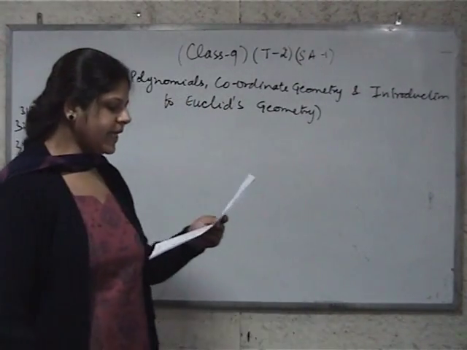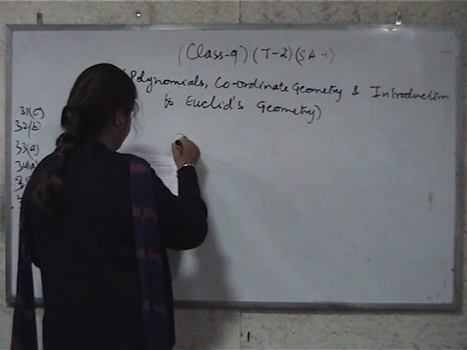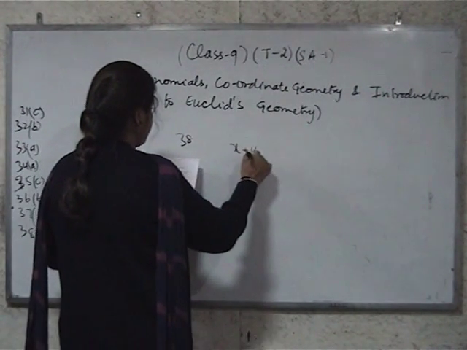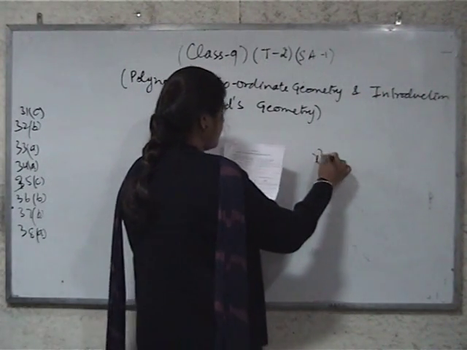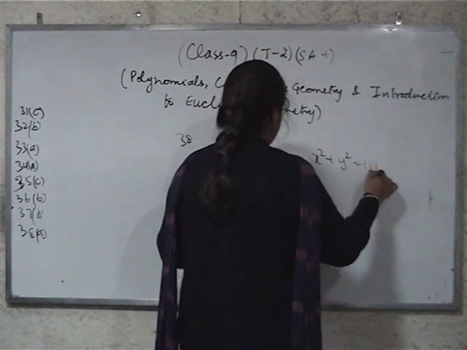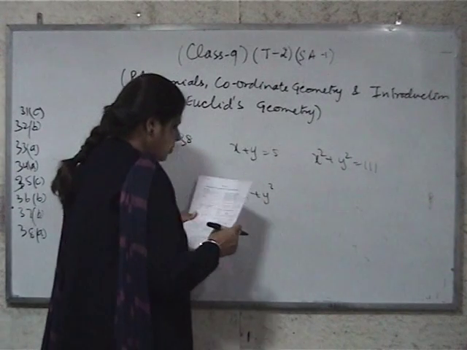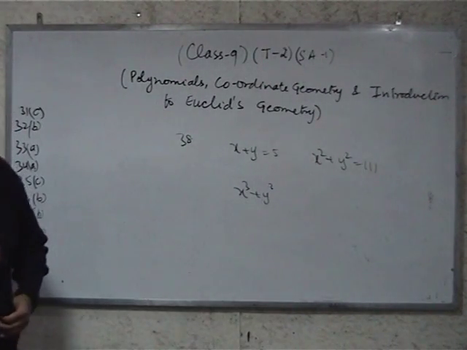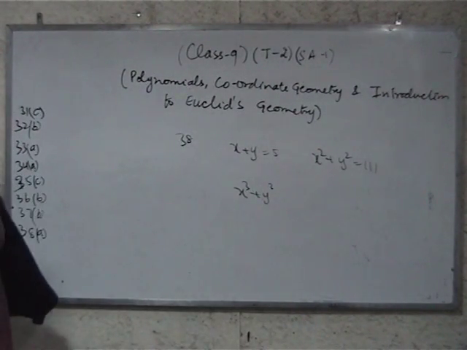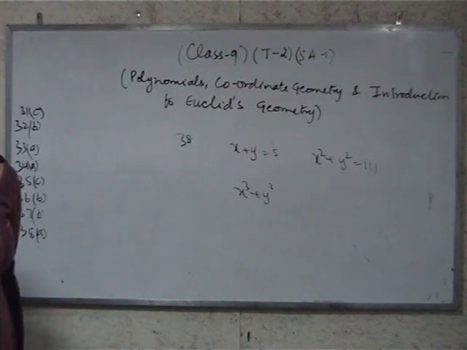Here it is given that x plus y is 5. x square plus y square is 111. I am supposed to calculate x cube plus y cube. See, what is the formula of x cube plus y cube? a cube plus b cube.